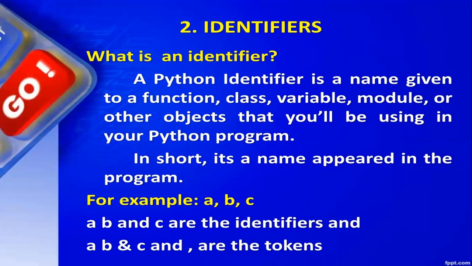And remember, when you are naming your identifier, you have to remember the Python keywords, because Python keywords cannot be used as an identifier. It's a name that appears in your program, a name that you will put or a programmer has already put. For example, A, B, and C are identifiers, and so A, B, and C will also become tokens, because identifiers are tokens.